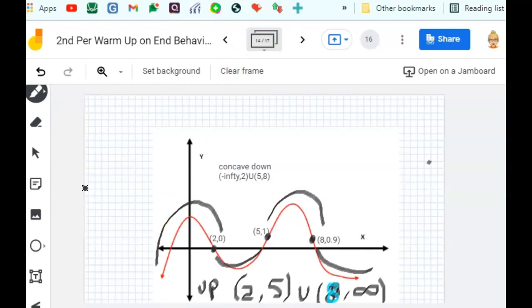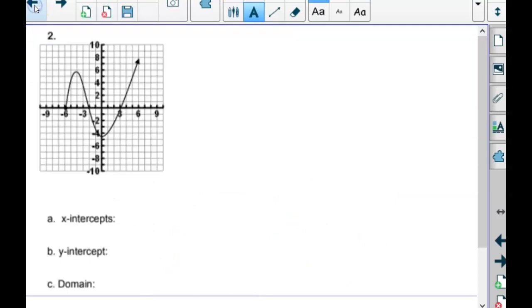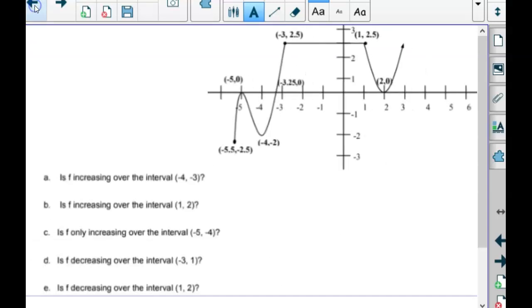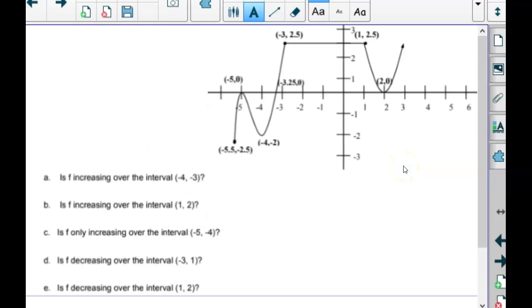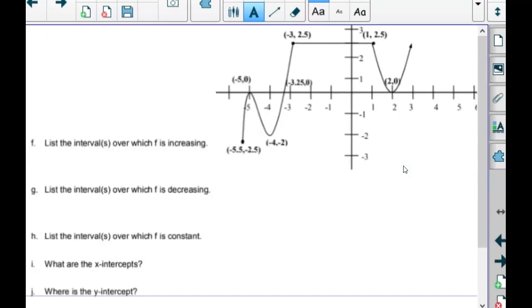Chromebooks away, worksheet out, please, because we're going to do this quickly. And then you have a Delta Math maybe to do today? I don't know. What is the assignment today? It is a Delta Math?